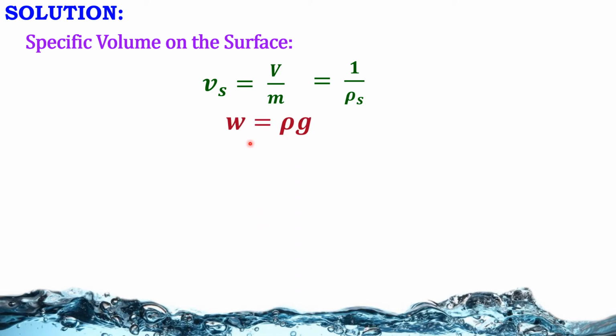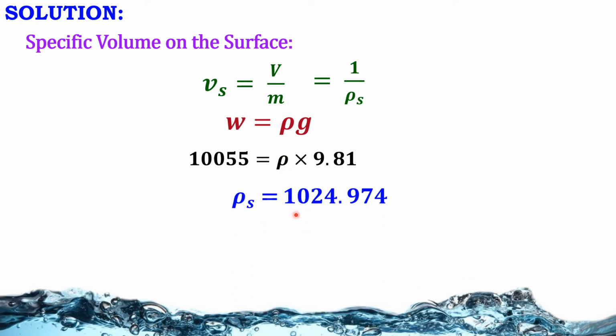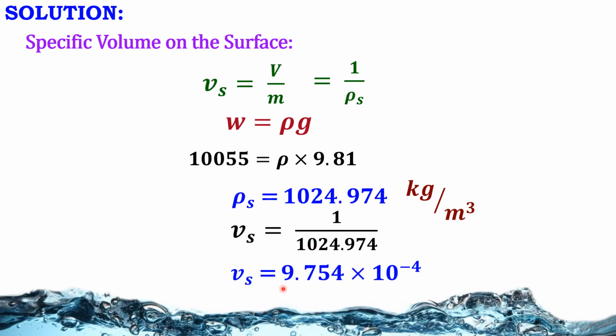Now, substitute the given W. From here, I calculate my density, where rho s is equal to 1024.974 kg per meter cube. Now, I substitute this density and calculate the specific volume. Therefore, Vs is equal to 9.754 into 10 to the power minus 4 meter cube per kg.